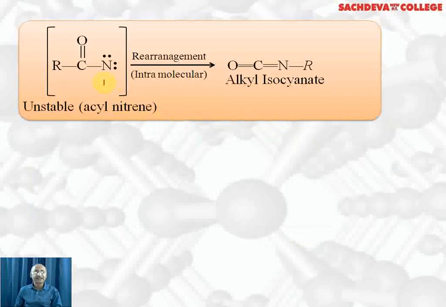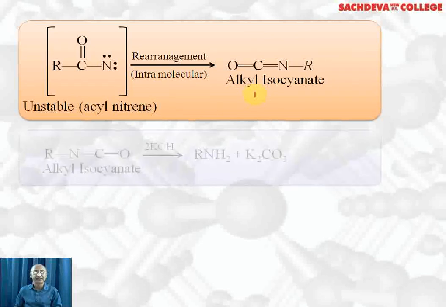Next step, there is a rearrangement taking place. This alkyl group will get attached to nitrogen, and one lone pair of electrons will take part in double bond formation, and it will result in the formation of alkyl isocyanate. So the unstable acyl nitrene changes to alkyl isocyanate.